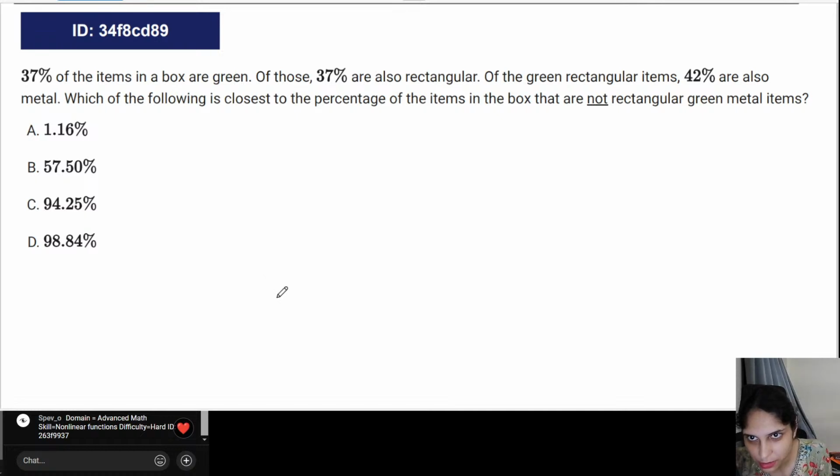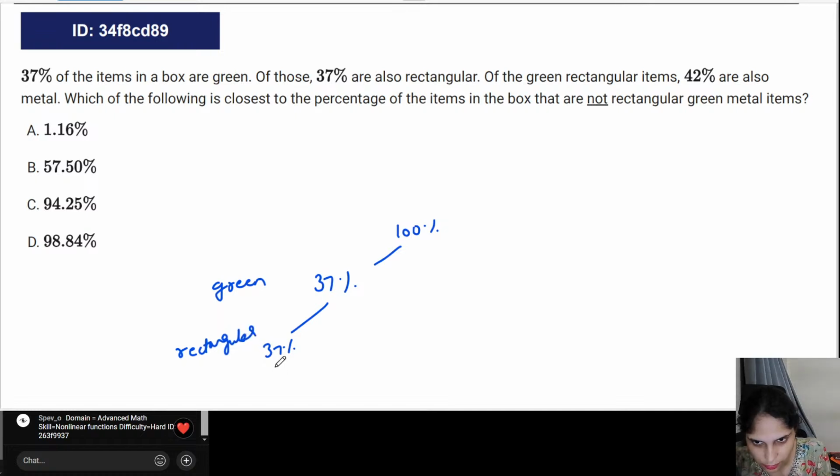So 37% are green. Then out of those, 37% are rectangular. And out of green rectangular, 42% are metal. For the "not", you just have to subtract from 100. First I will find out how many are rectangular green metal.